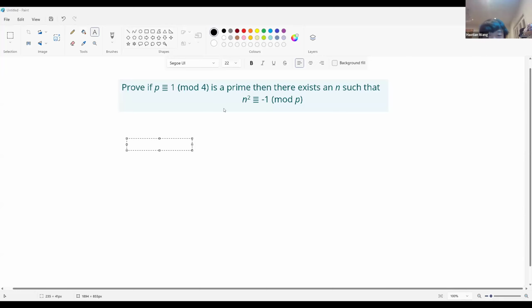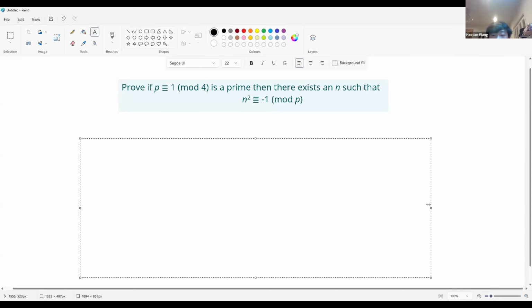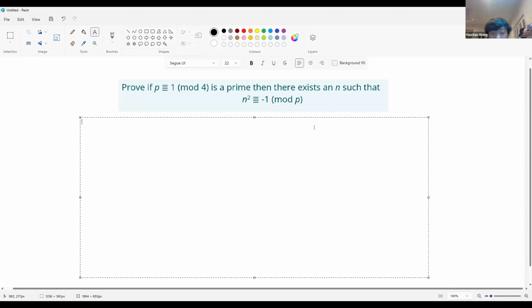Okay, hopefully that's enough time to get some progress on this problem. Something that you do need to know, which Jade did mention, is that every prime has a generator, right? Because you can't just assume that you can pull out g out of nowhere.